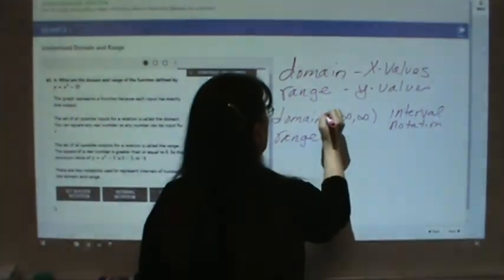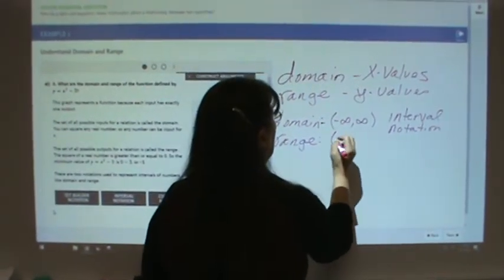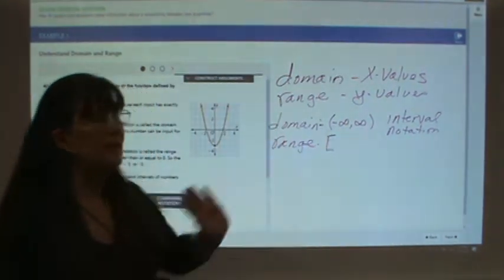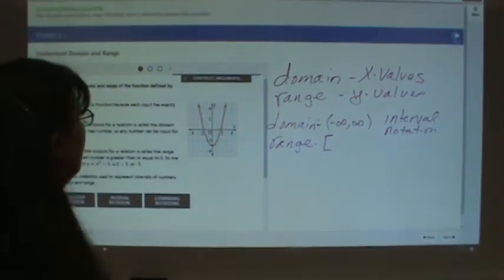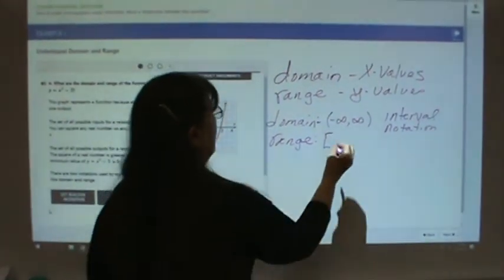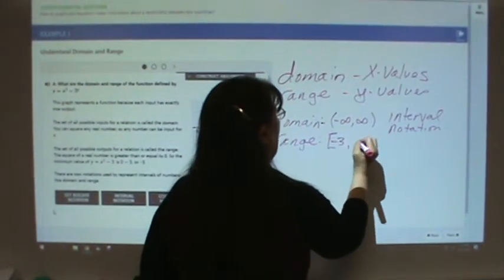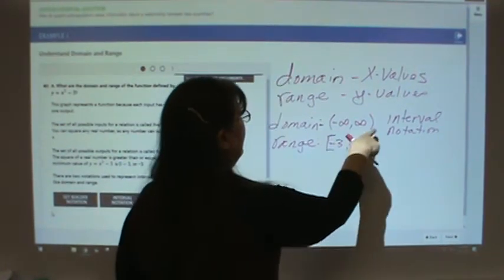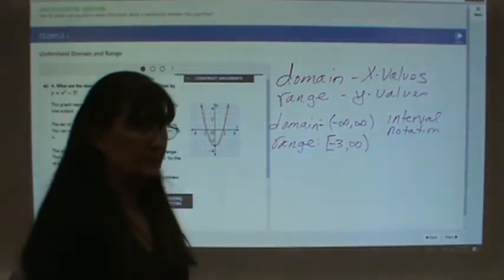So we write this by putting a bracket here. This bracket means that we include -3. So we put in -3, and then it goes to positive infinity.